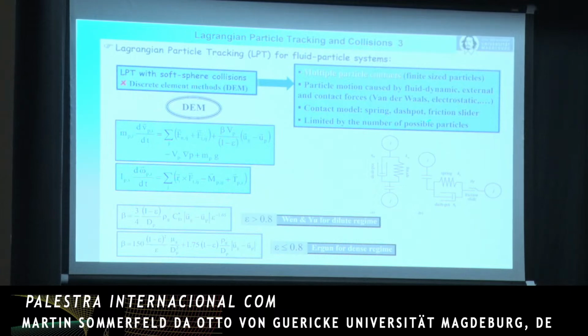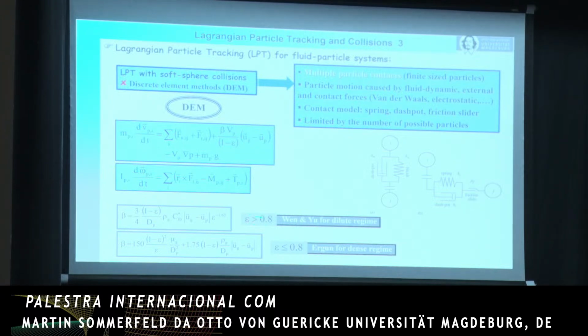So in this case, you resolve multiple particle contacts, of course considering the finite size of the particles. You track the particle motion by considering all fluid dynamic forces, external forces, and of course the contact forces. And again, here is the beta, this swarm drag correlation often used.